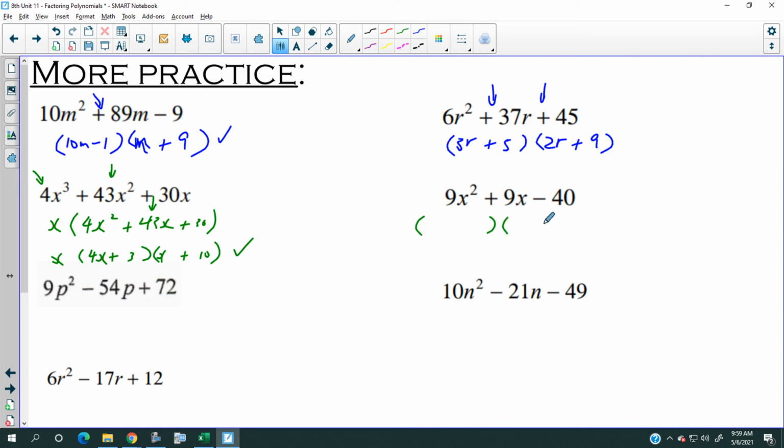Now, what about this one? Now here, again, these three terms don't have a common factor, so I'm just gonna have to go for it. Now, I kind of know that 9x and x probably wouldn't work. So I'm gonna go with 3x and 3x. All right, so let's see. Now 40, I can do 20 and 2.